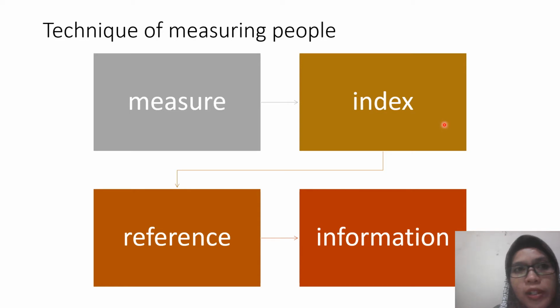For example, height for age index, BMI for age index. And then we have to compare with the relevant reference, and then the last, interpretation of information.